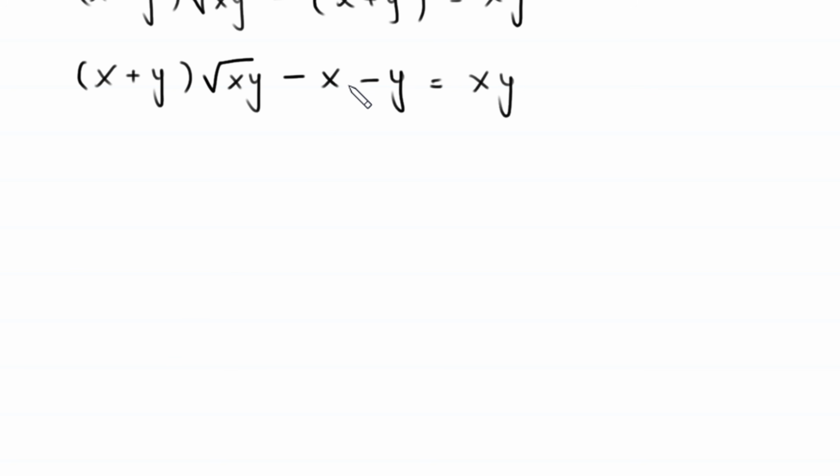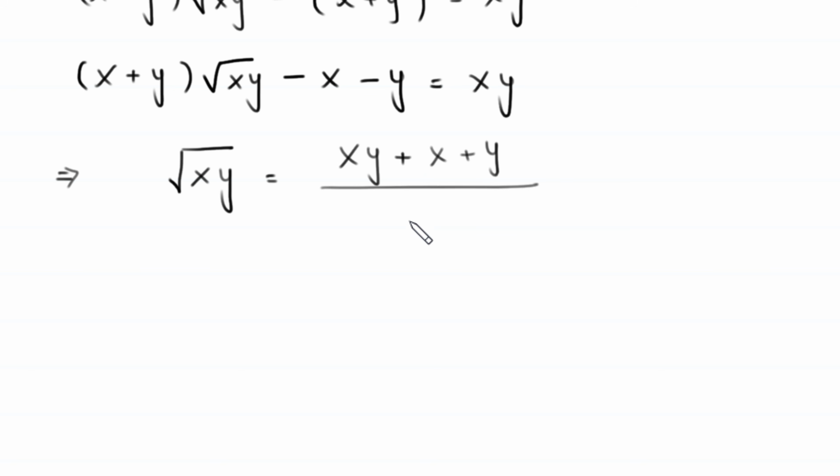Move these two terms to the right hand side and divide both sides by x plus y. Then this implies that root xy is equal to (xy plus x plus y) divided by (x plus y).